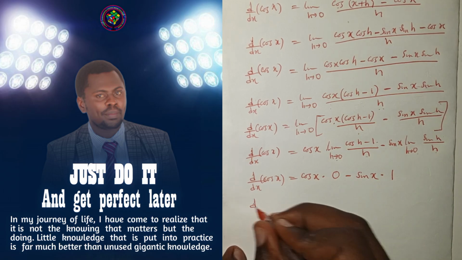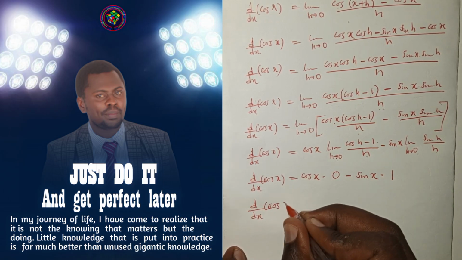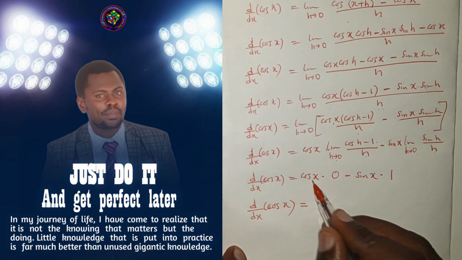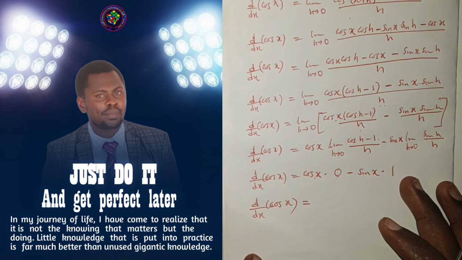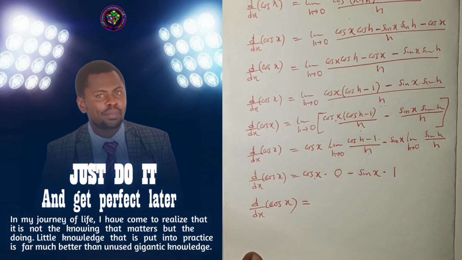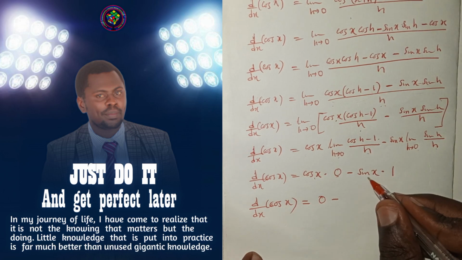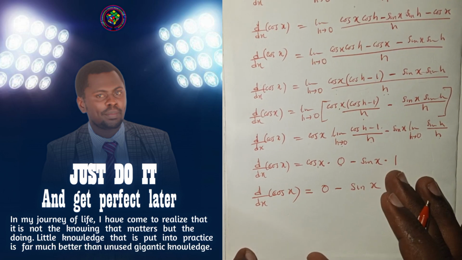So you get d/dx of cos x is equal to cos x multiplied by 0, which is 0, any number multiplied by 0 is 0. So there we have 0 minus sin x multiplied by 1, you get sin x.